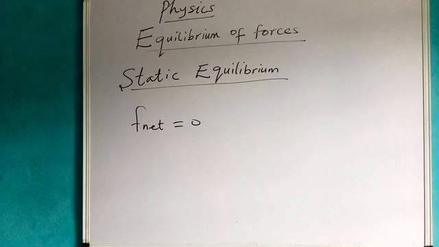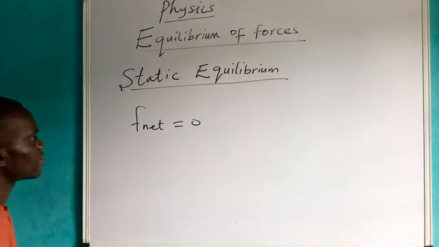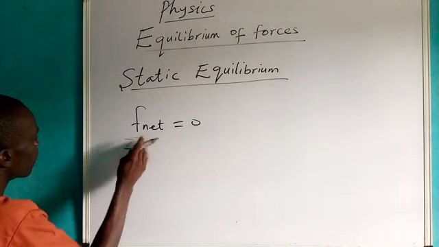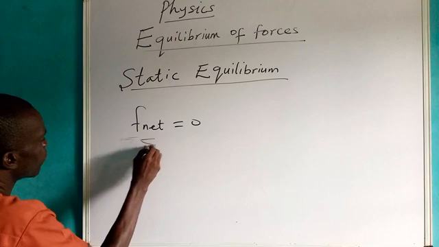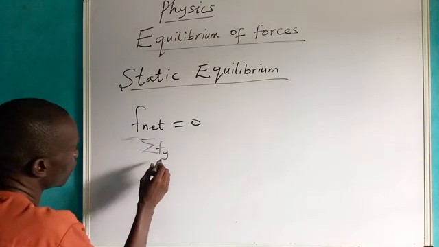This one has to do with translational equilibrium, whereby we look at the components of forces. We are going to look at the y component and also the x component.